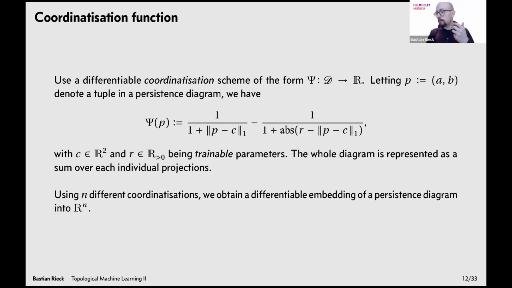Indeed, there's some kind of connection to be seen here, because we also need to have something that doesn't depend on the ordering of the points in the diagram, which is one of the reasons why learning with persistence diagrams is such a pesky task in practice, because there's no predefined ordering of these type of points. But anyway, that's our differentiable coordinatization scheme.